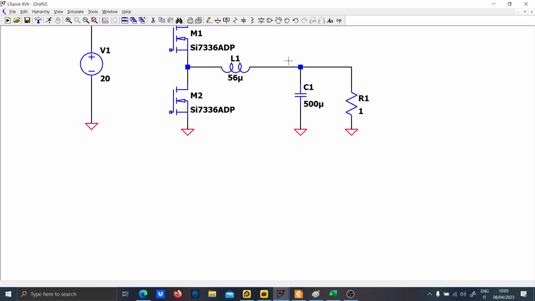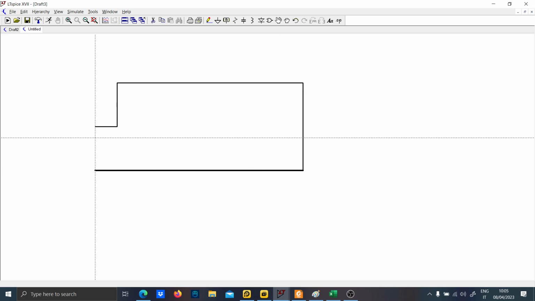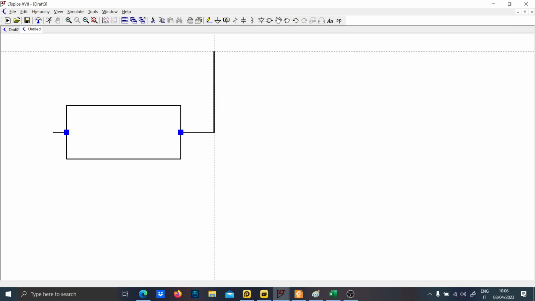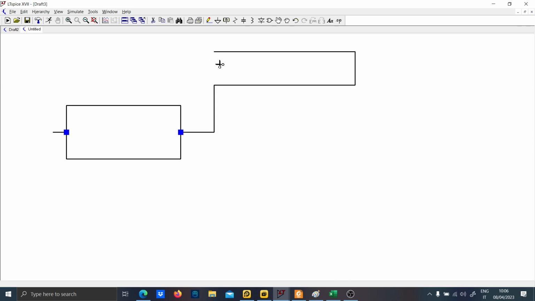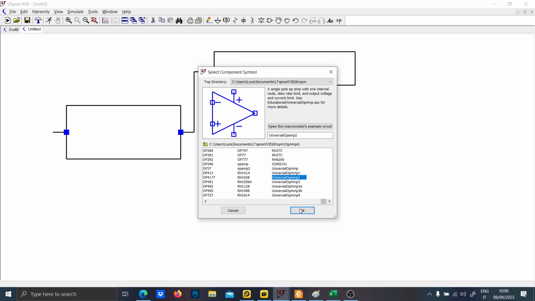And before putting the type-3 compensator in, we should at least test the type-3 compensator on another sheet. So let's open another draft and put the type-3 compensator that I designed. You start from here. This will be your impedance Z1, and this will be your impedance Z2. Let's put the op-amp, universal op-amp 2.